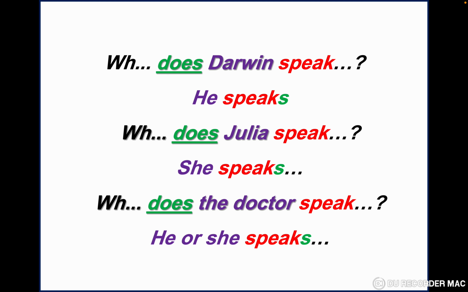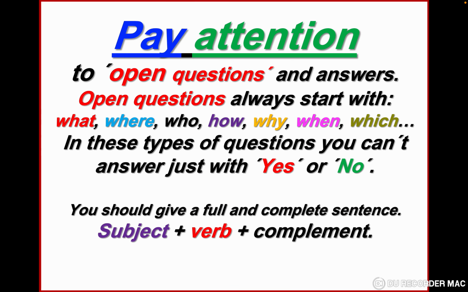We notice from these examples that in the question the verb doesn't take s with he, she, it, because it's a question and we have the word does. And in the positive sentence with he, she, a man or a woman, the verb must take an s. Let's continue.